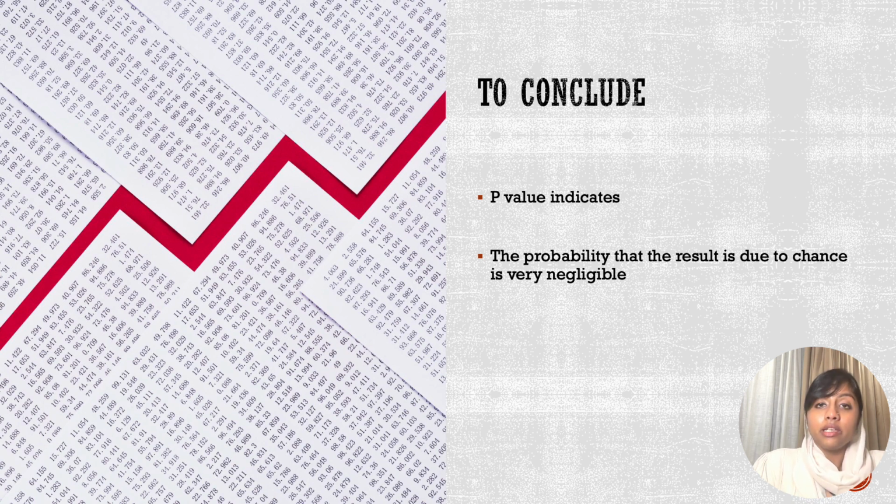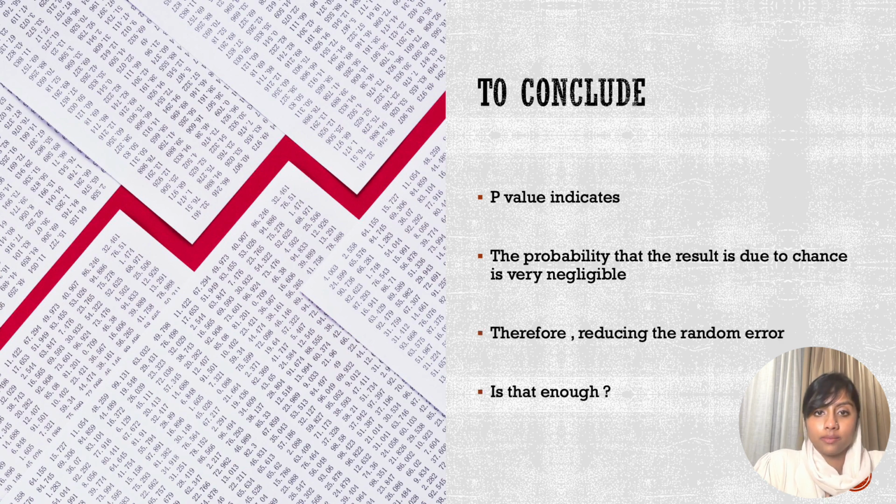Does that completely rule out that it can be due to chance? No, there is still a probability that it can be chance, but generally we consider less than 0.05 as an arbitrary point where you consider that this can be because of a significant association and not due to a random error or chance.